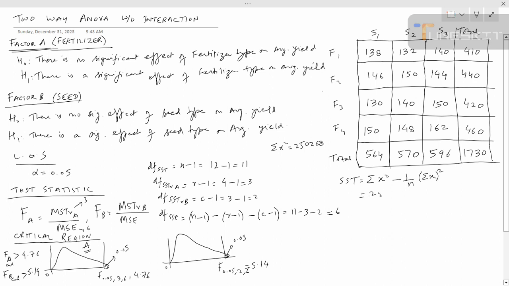That is 250268 minus 1 upon 12 times 1730, that's the sum of all values of x. So the final answer is 859.67.